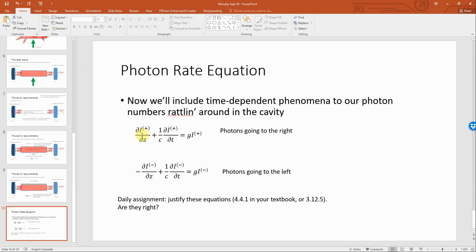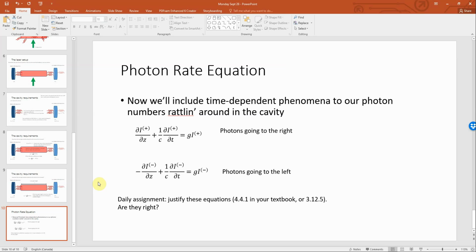But now that we have intensity, we only have a first order partial differential equation in space and in time, and they are again related by c. So I'll let you think about that, justify this, see if it's right, see if it's wrong, and that will be it for Monday's lecture.